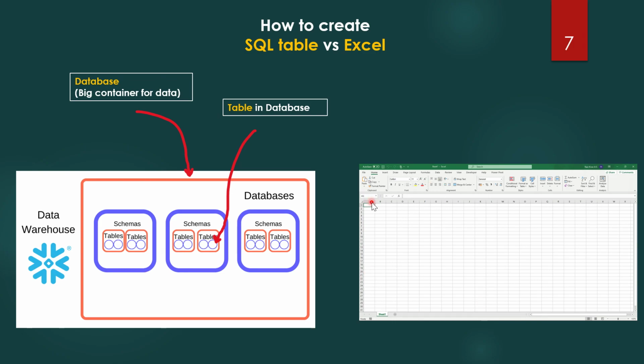Instead of A, we will do our own, let's say ID, right? Instead of B, we will say name. Instead of C, we will say age. We define that. And not only that, we also define whether this value is going to be numbers, or text, or a date format.